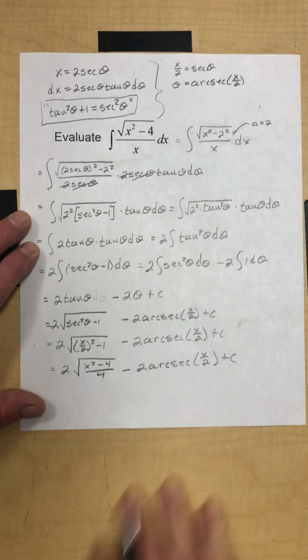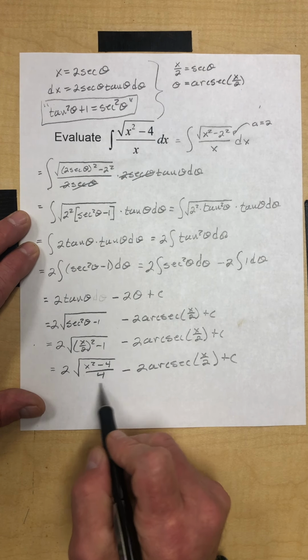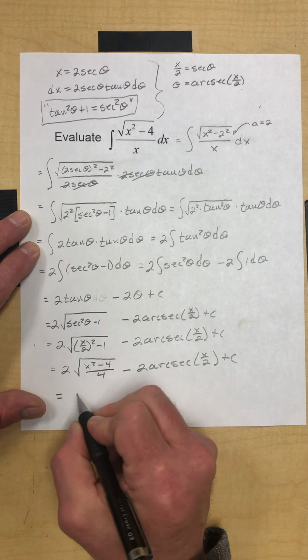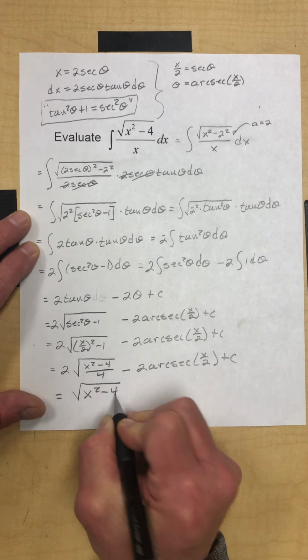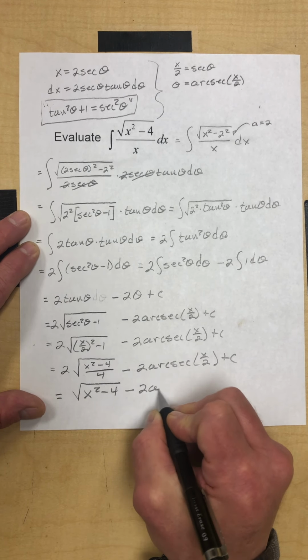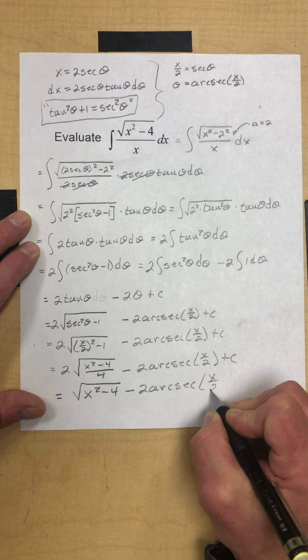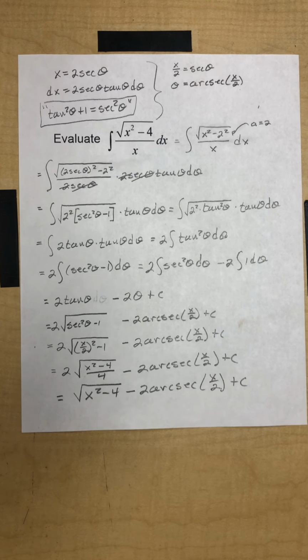And then notice when I take the square root of the numerator and the square root of the denominator becomes 2, and that cancels with the 2 out here. So I am just left with the square root of x squared minus 4 minus 2 arc secant of x over 2 plus c. Okay, I kind of like that guy.